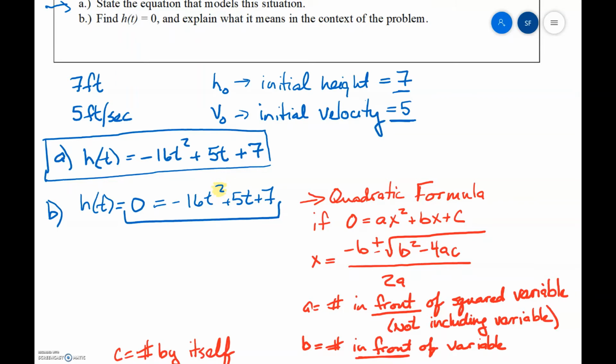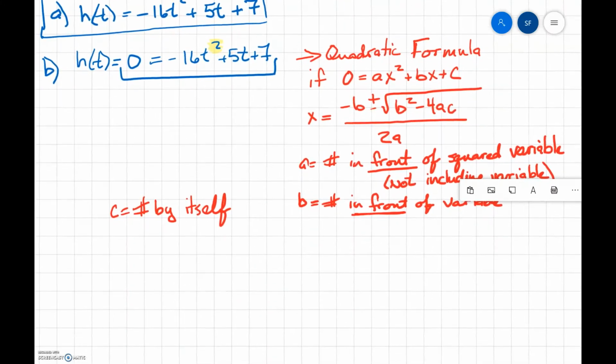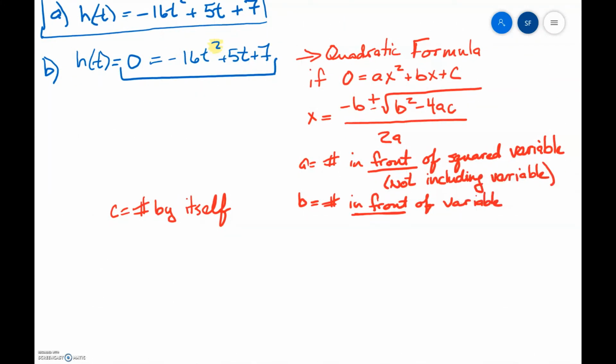So for our problem, what's the number in front of the squared variable, the t squared? That would be negative 16. So a is negative 16.